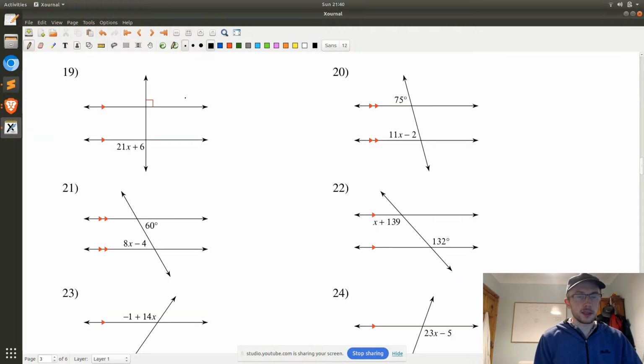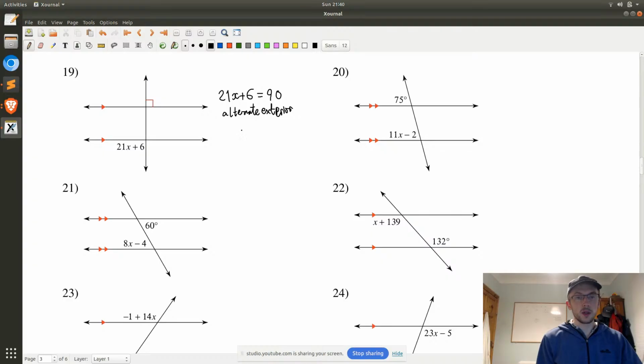And now we must solve for x. 21x plus 6 equals 90. Reason being alternate exterior angles. And now solving for x, this is a simple two-step linear equation.